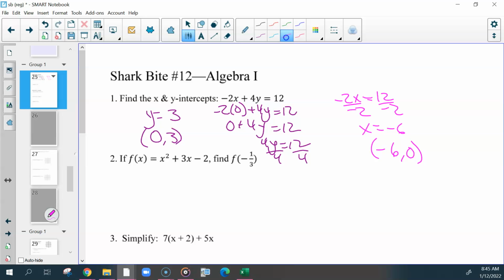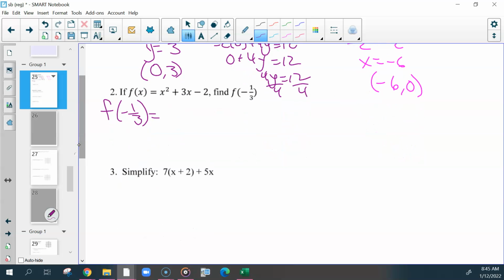For number 2, you were given some f of a number where you had to evaluate using function notation. So put in negative 1/3 every time you see an x.